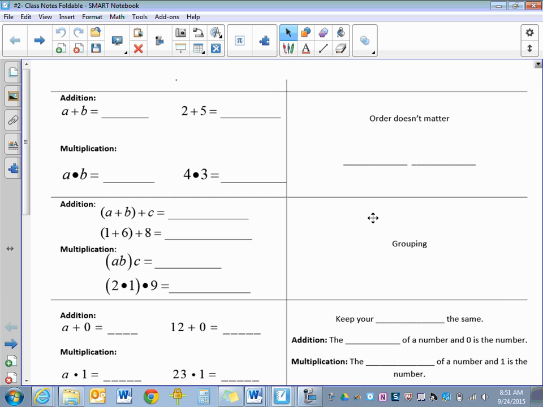So again, you're taking your sheet and you're only cutting this first piece here where it says commutative property, down to the crease so that I can open that up as a flap and read what we know about commutative property. Okay. So we're cutting like this, and you're doing each flap.